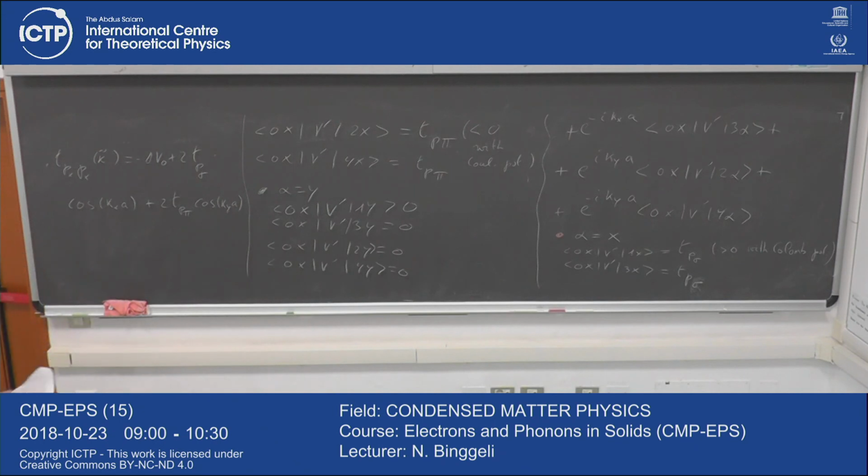So this is for the XX hopping term in the matrix, and the other one is 0. So basically, the matrix is diagonal.